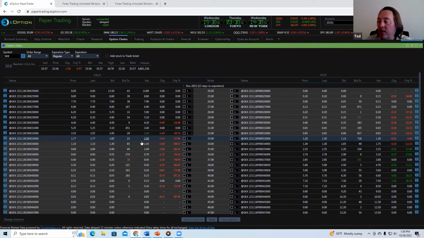So you have 150, 130, same price as the other option for the put, and then 200 for the calls. A little bit more expensive options for Skechers than with Mattel, but the pricing is also a little bit higher, and it looks like the volatility is a little bit there too.